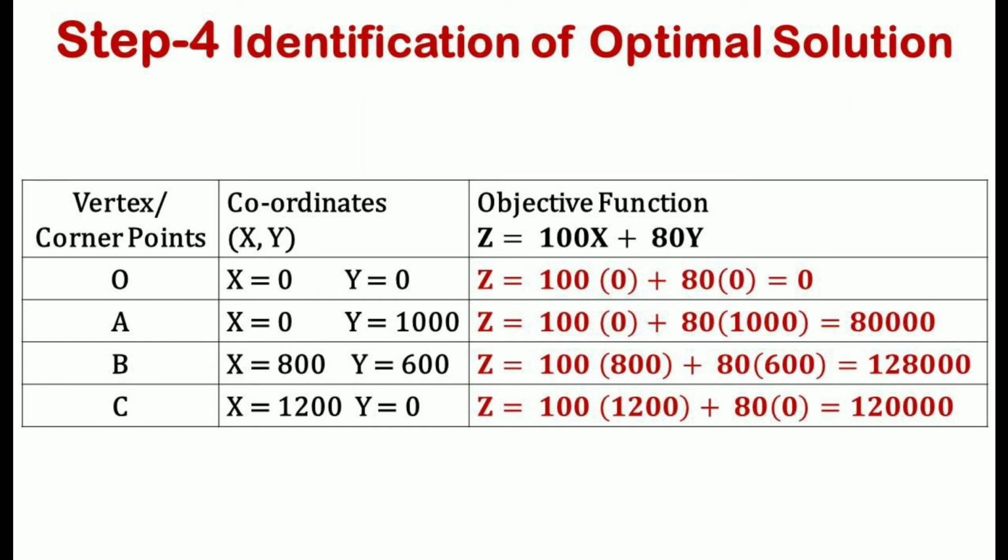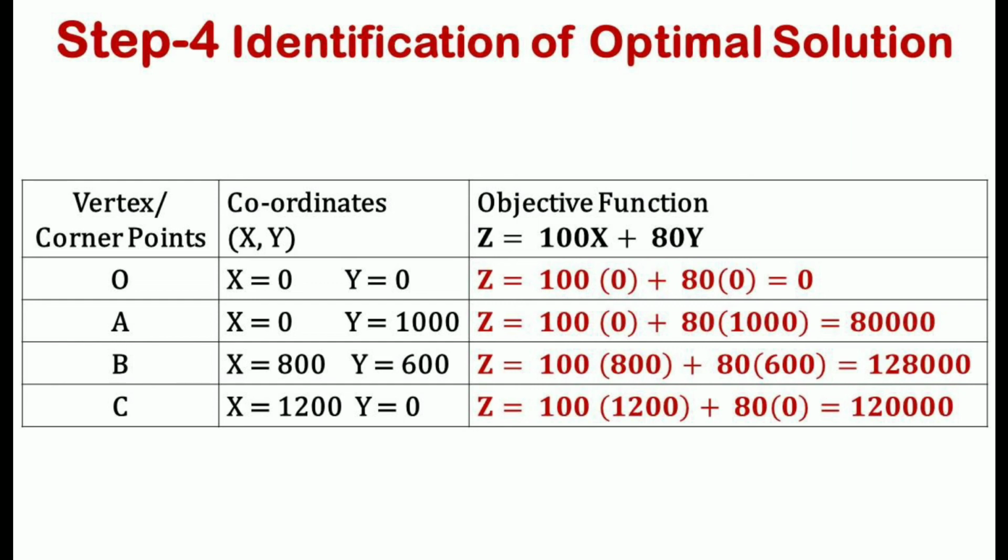And consider the third corner point, B, where x is equal to 800 and y is equal to 600. Substituting these values in the objective function, z is equal to 100 into 800 plus 80 into 600, which will give 1,28,000. And the last corner point, C, where x is equal to 1200 and y is equal to 0.